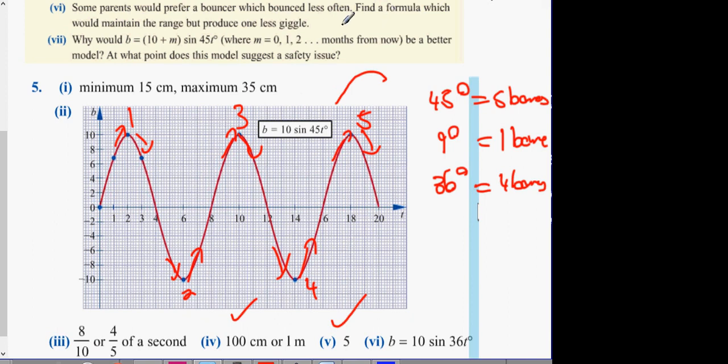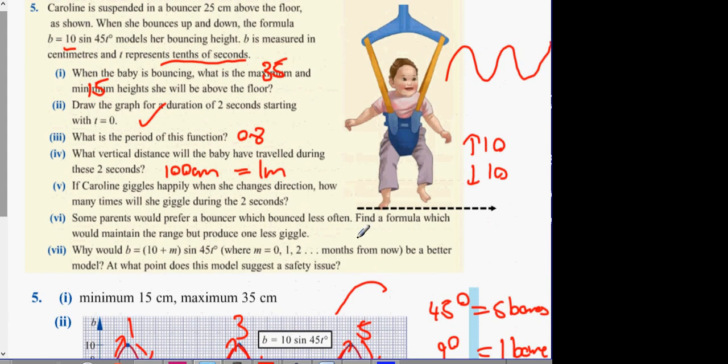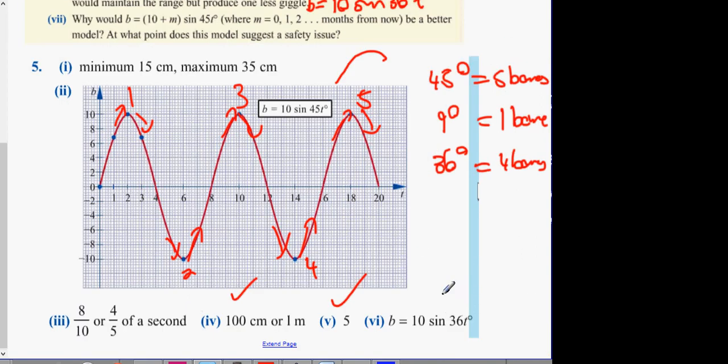They want the range to be the same, which means that the 10 is unchanged. Okay, so the formula is B equals 10 sine 36 degrees times t, or 36t degrees. Okay, so we put the degree sign up here. So we got that one right.